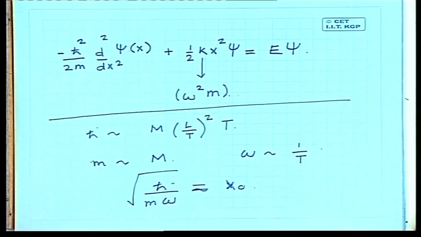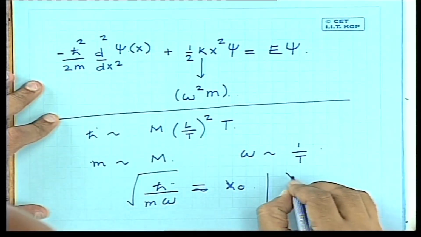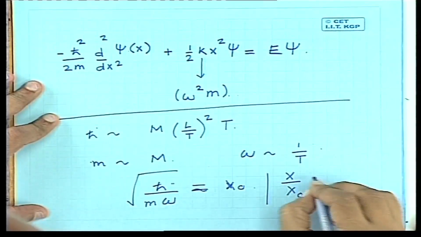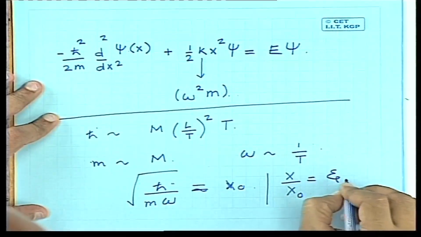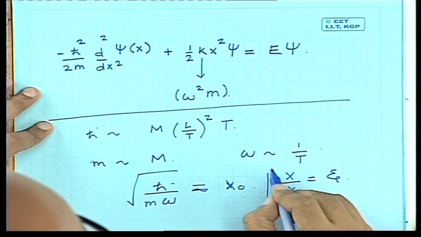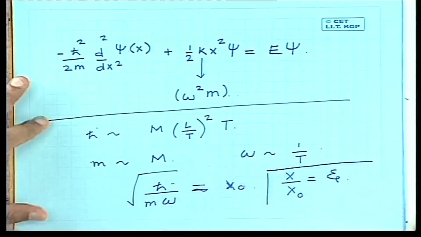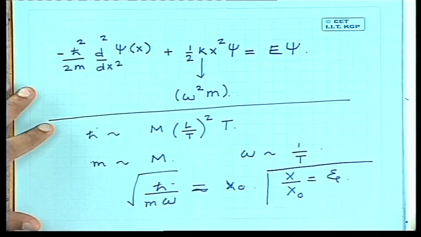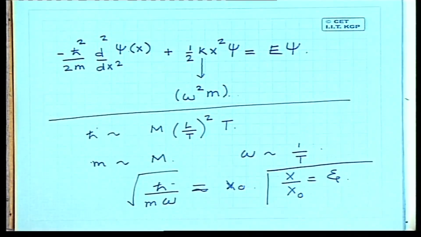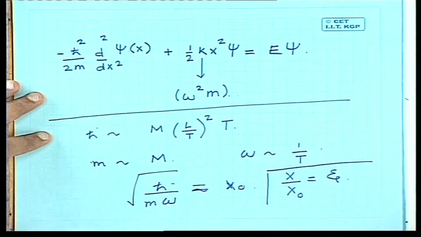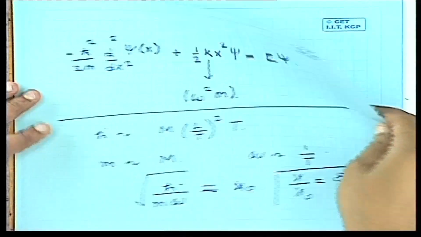So if we define x by x naught to be equal to xi, some dimensionless number which characterizes the length, then we can simplify this equation and make it totally dimensionless. So let us do that. Let me write down what it gives you if you do such a simplification.